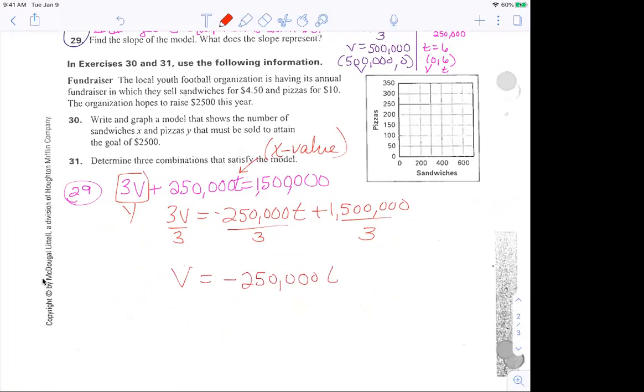I don't think it divides. So now I have my slope and the y-intercept. The y-intercept we've already found, so it's just solidifying that fact that they told us it was an initial value of $500,000. We also found that algebraically, the initial value being the $500,000.